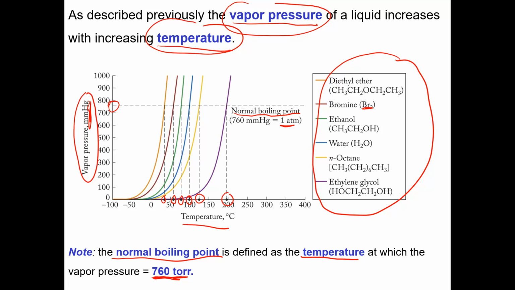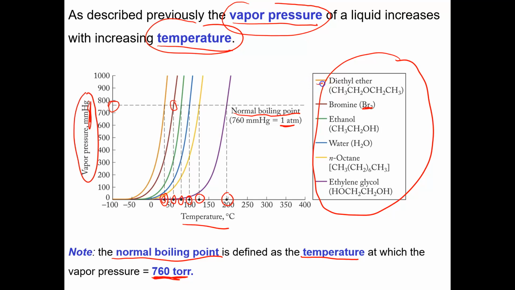So we would expect fairly strong dispersion forces. Put those two things together and it comes out with a modest boiling point, around 40 degrees Celsius for bromine.